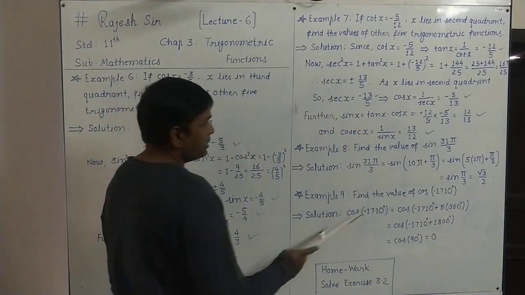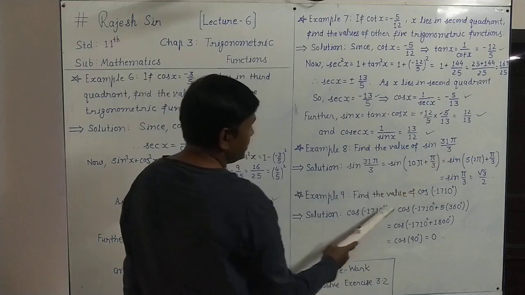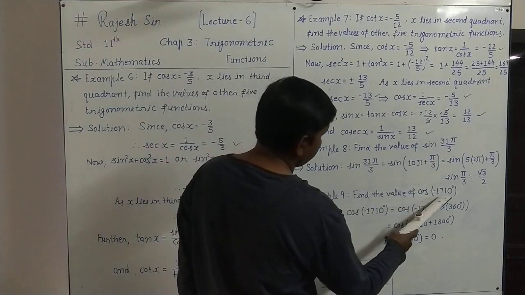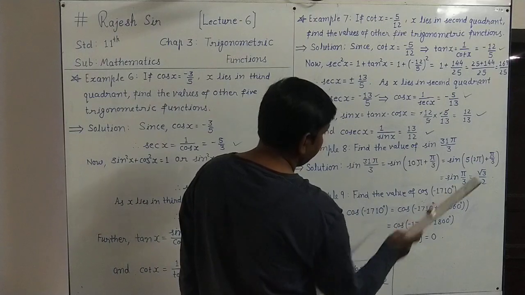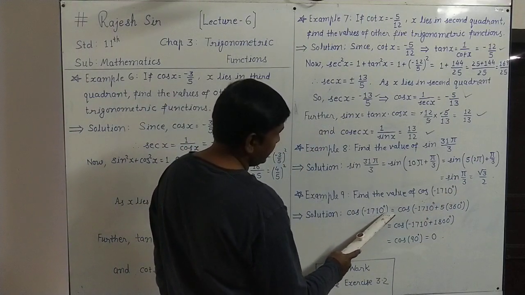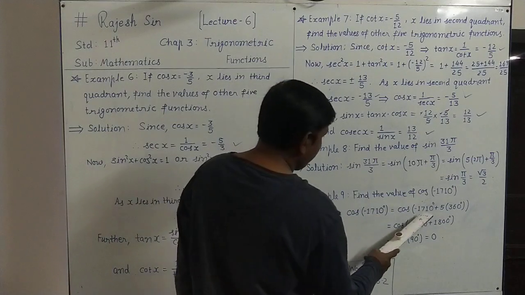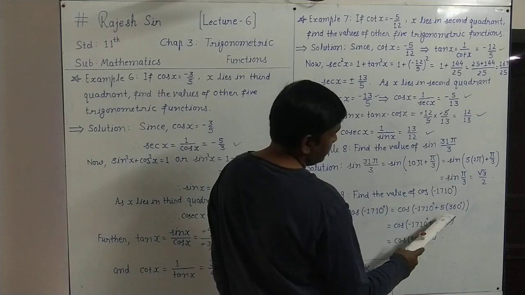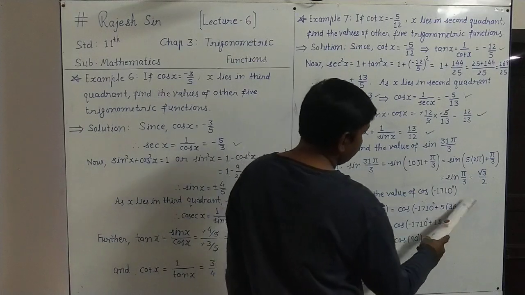A very similar example. This was in radians; this one is in degrees. Example 9. Find the value of cos minus 1710 degree. In the solution, cos minus 1710 degree can be written as cos of minus 1710 degree plus 5 times 360 degree.